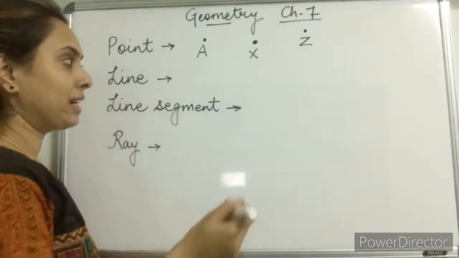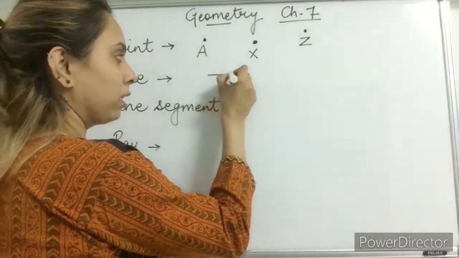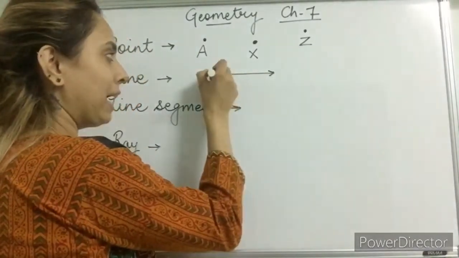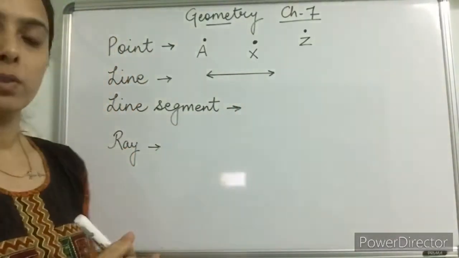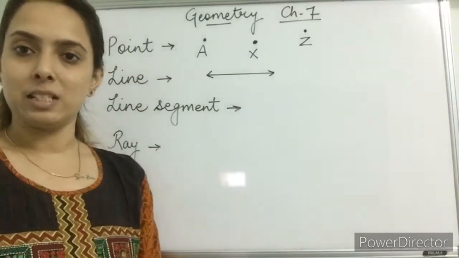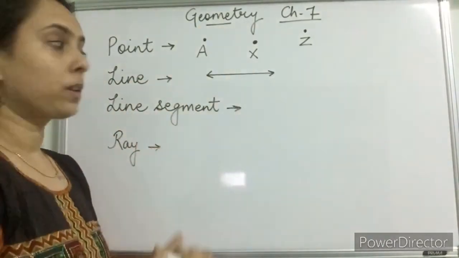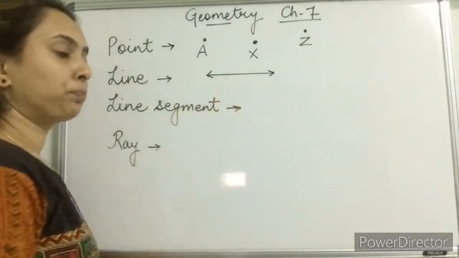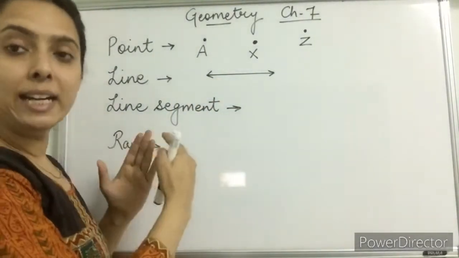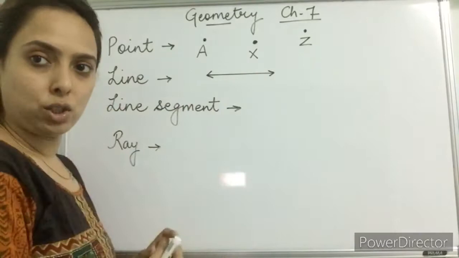Line can be represented in this way. Line has 2 arrows on both the sides, means 1 arrow on each side, and this line extends endlessly in both the directions.